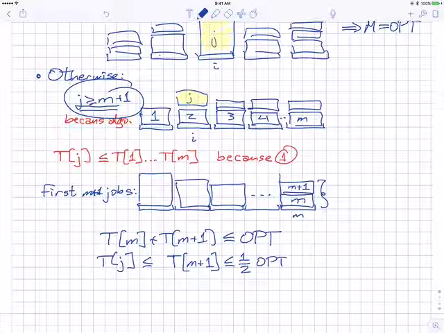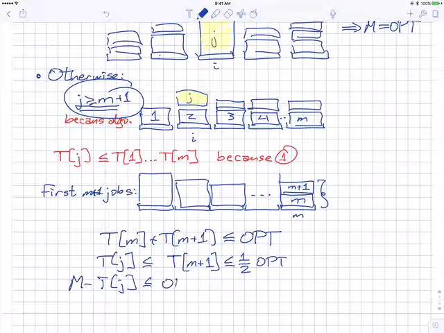And so now what I've done is I've taken the first trivial part of the analysis of the algorithm when we didn't sort. It just said T of j has to be less than opt. And concluded that in fact, in the case that I care about, T of j has to be less than half of opt. Right? And so I've already concluded that m minus T of j is less than or equal to opt.